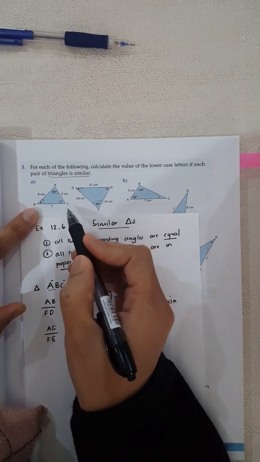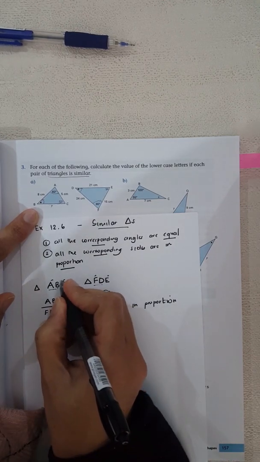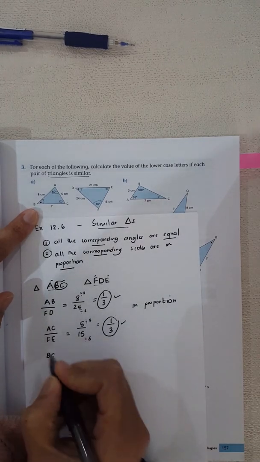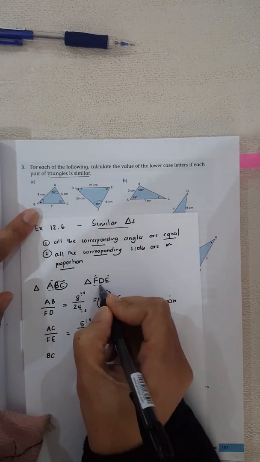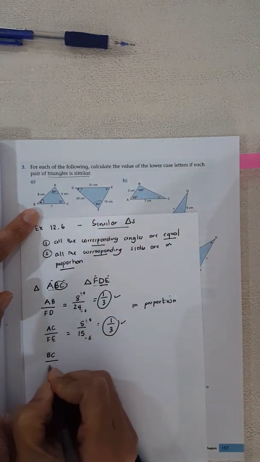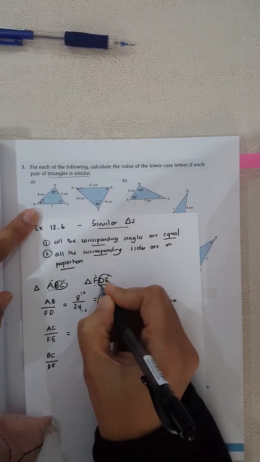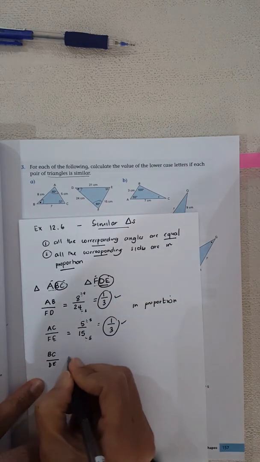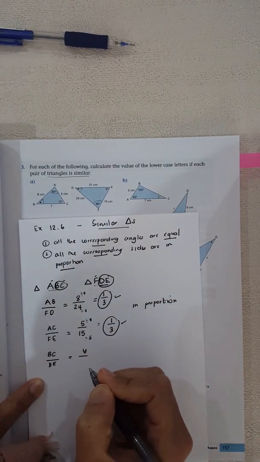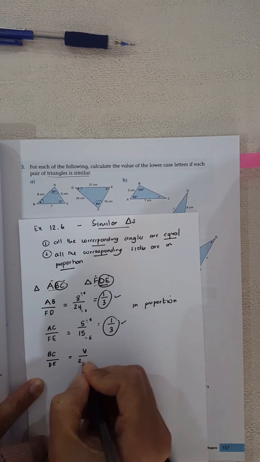If you look at the corresponding side, y is BC. So here's BC, and I've got DE. Where's DE? 21 centimeters. So BC over DE, corresponding sides. BC is y, which we don't know, and DE is 21 centimeters.